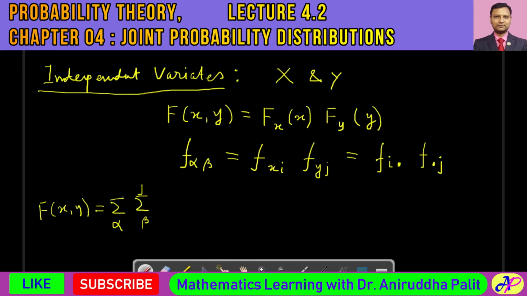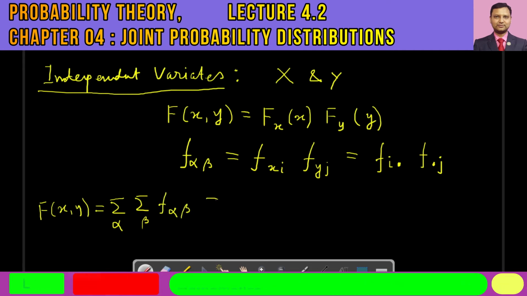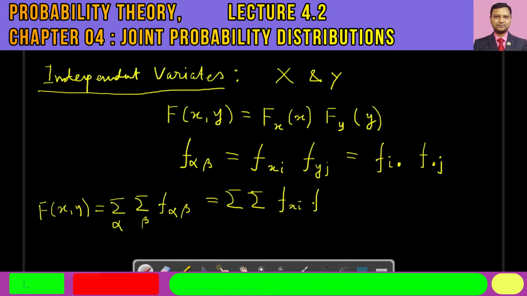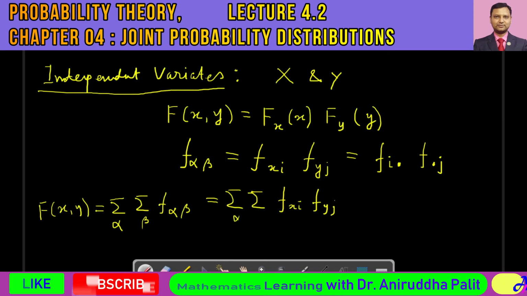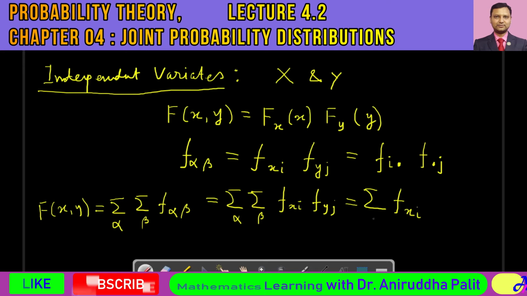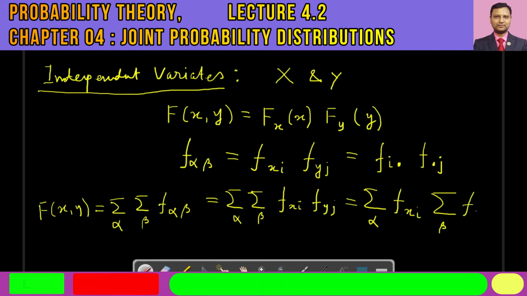So we shall have this double summation, and in terms of this f alpha beta, we can put f x_i multiplied by f y_j, summation over alpha and summation over beta, and you see this can be written as summation over alpha of f x_i, and the second one can be put as summation over beta of f y_j.